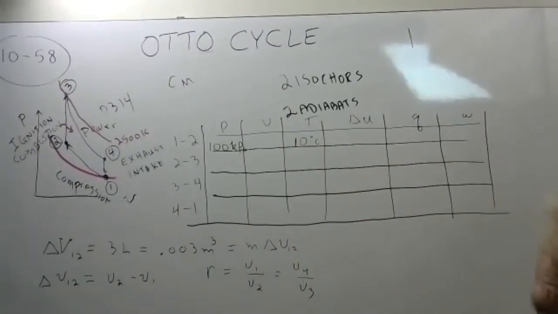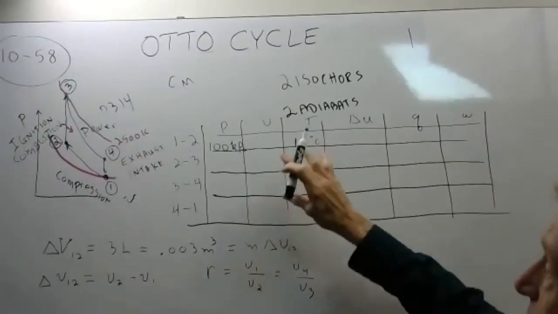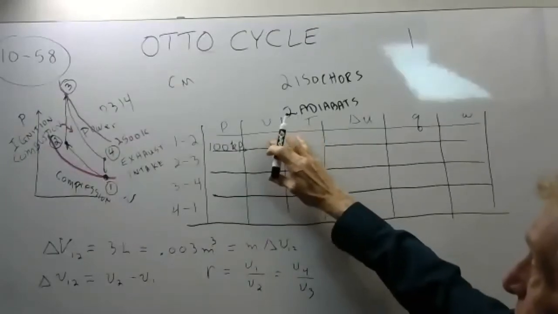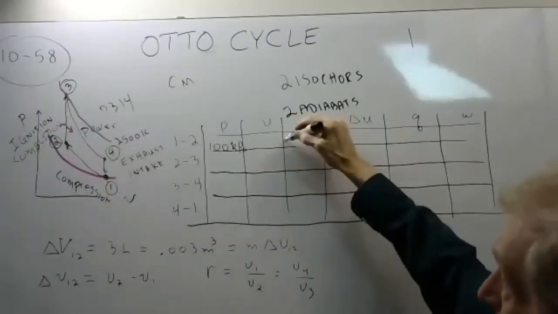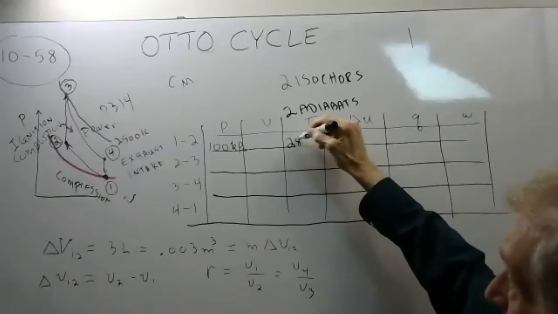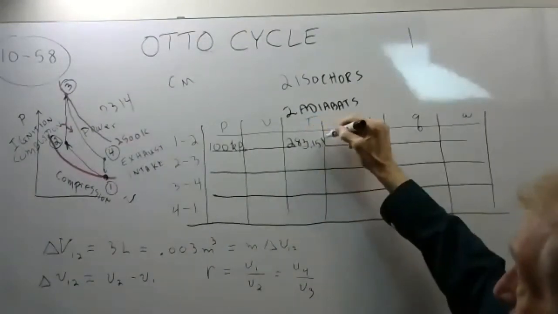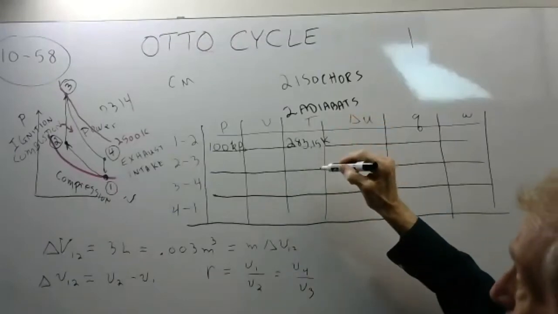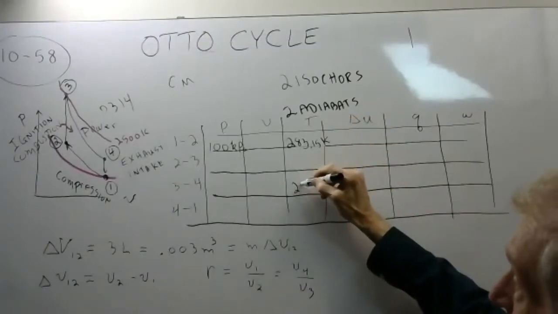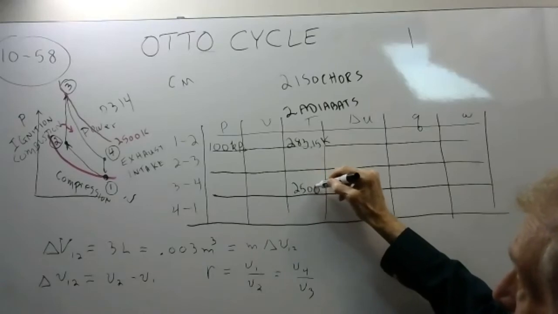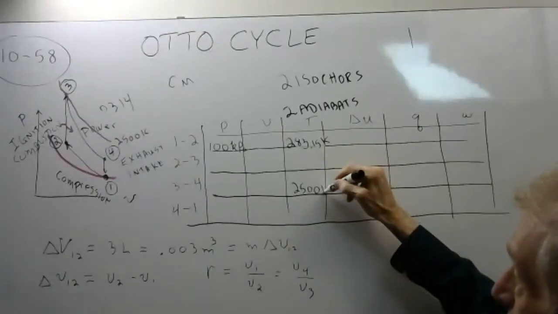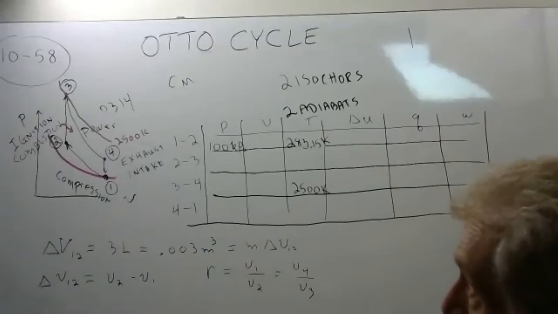Instead of confusing ourselves, 10 Celsius would be 283.15 K. And see, at 3, this is 2500 K. Will be consistent. Now let me keep reading.